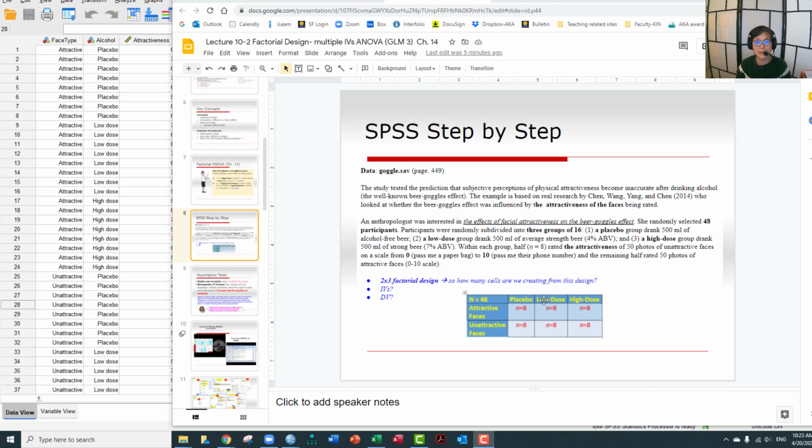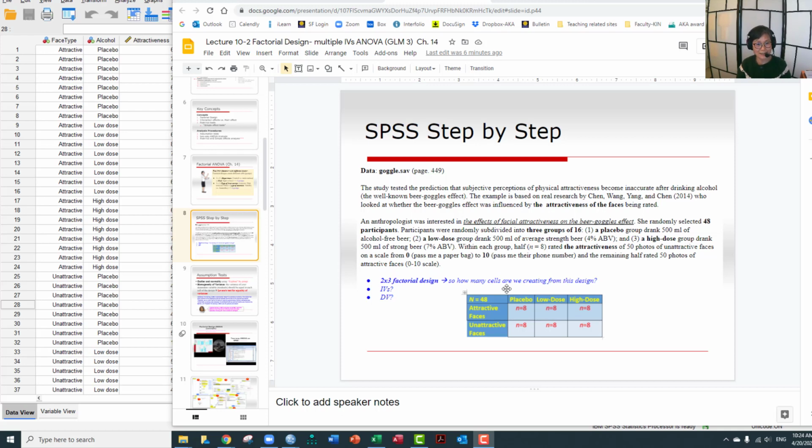So what are placebo, low dose, and high dose? They want to check whether drinking, in other words, the beer goggle effect, changes how you perceive physical attractiveness.